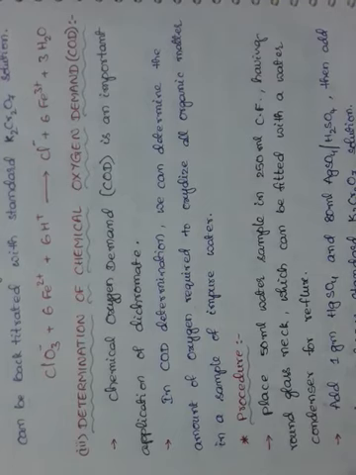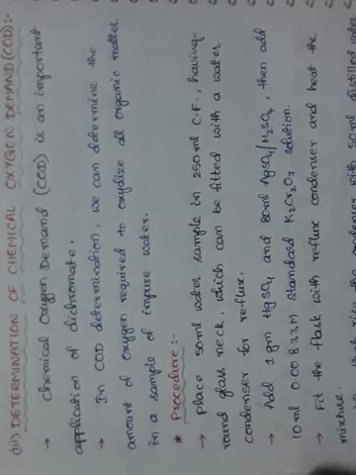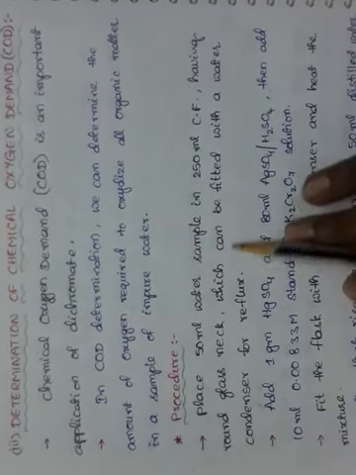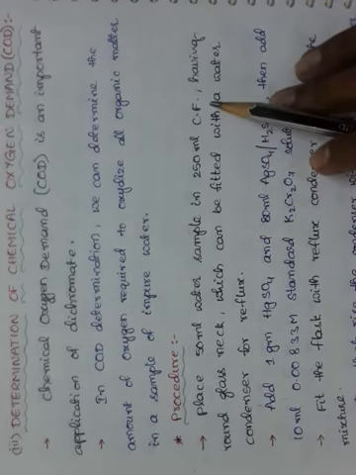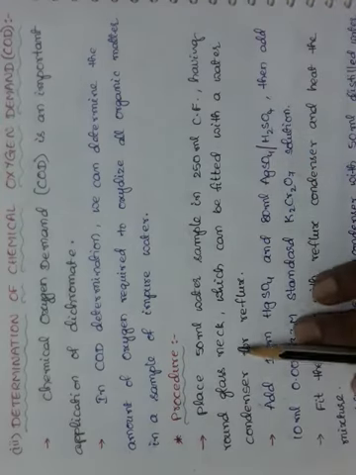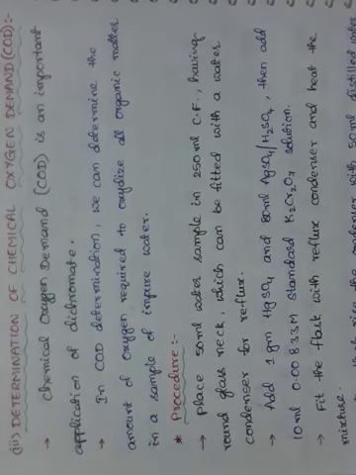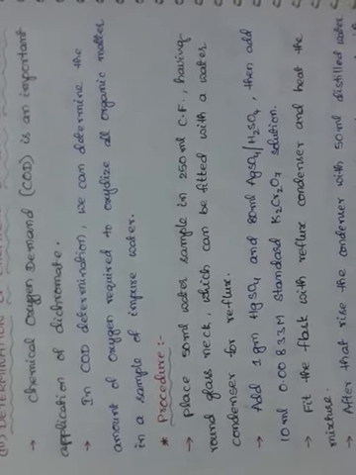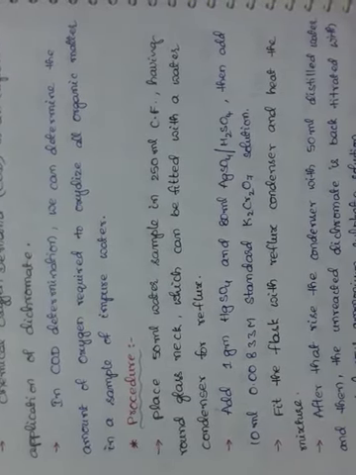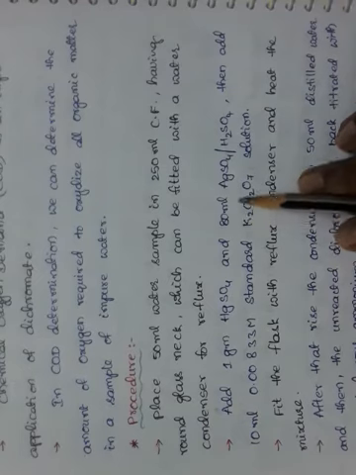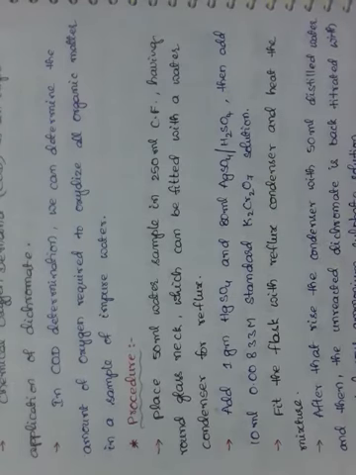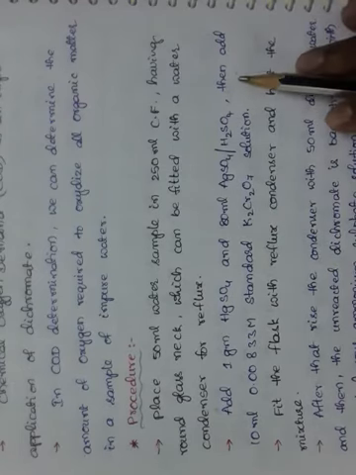Okay. Then what is the procedure? Just place 50 ml of water sample into a 250 ml conical flask having a round glass neck which can be fitted with a water condenser for reflux. Okay. Right. After that add 1 gram of mercuric sulfate and 80 ml silver sulfate and H2SO4.